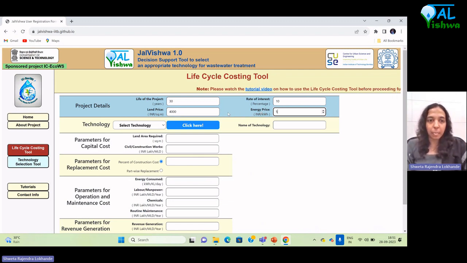And that is why this dynamic life cycle costing tool is integrated in JalVishwa, so that according to the user or the location of decision making, the user can have the representative life cycle costs for that place and that technology. The project details will remain same for all the technologies.